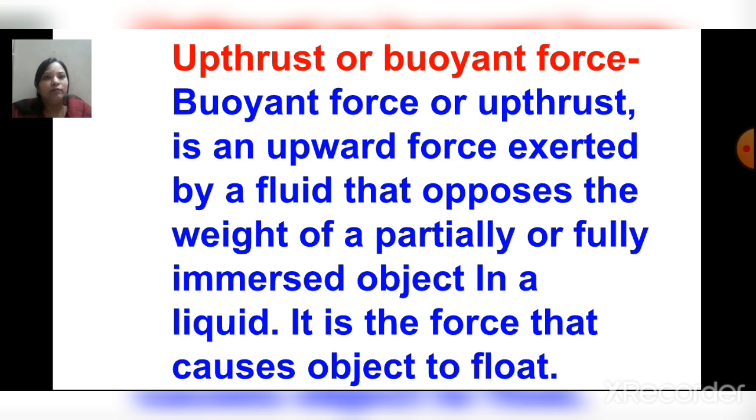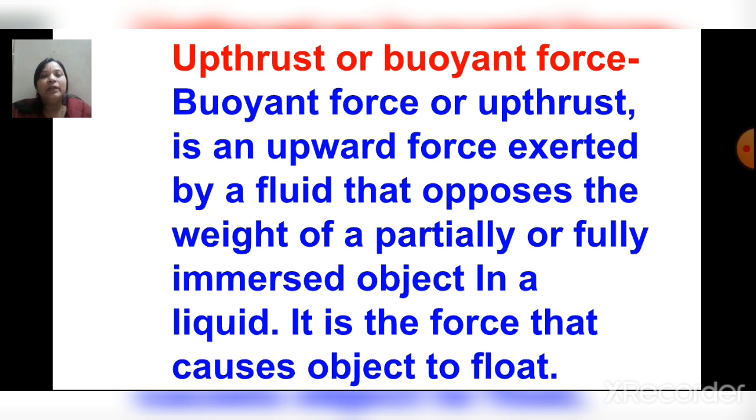Upthrust or buoyant force is an upward force exerted by a fluid that opposes the weight of a partially or fully immersed object in a liquid. It is a force that causes an object to float, but that is not the only thing which causes the object to float, right?